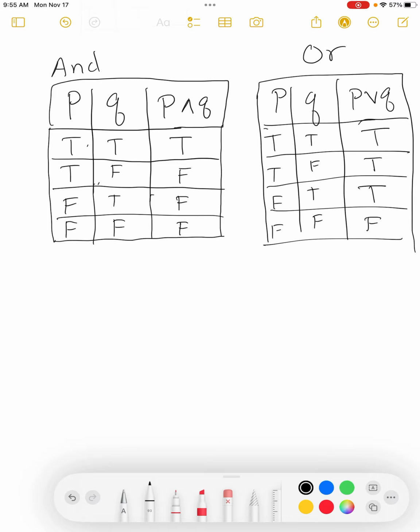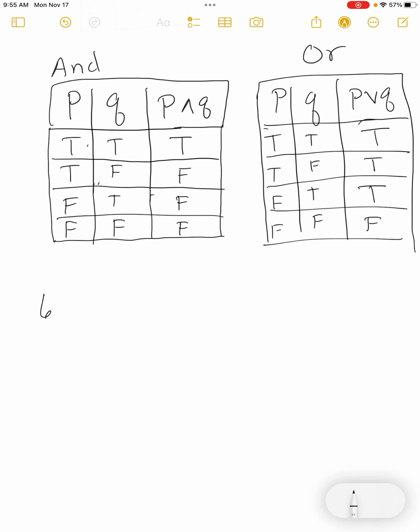So this is like questions. Let me get a reference. This is going to take you from 6 to 20 in the homework. And so what they tell you is P is the statement, 1 plus 2 is equal to 3. Q is the statement, 5 is an even number.